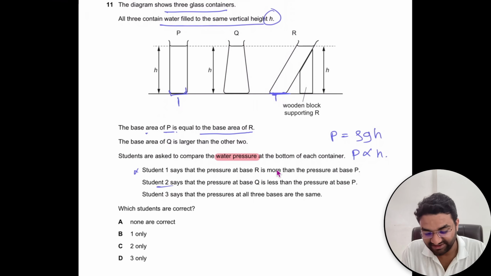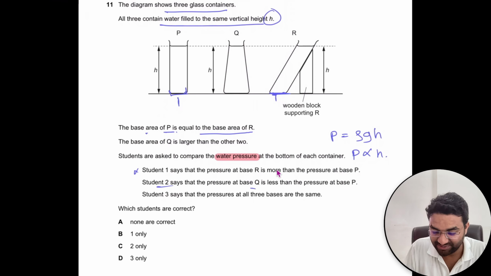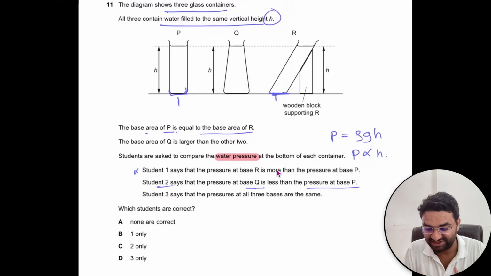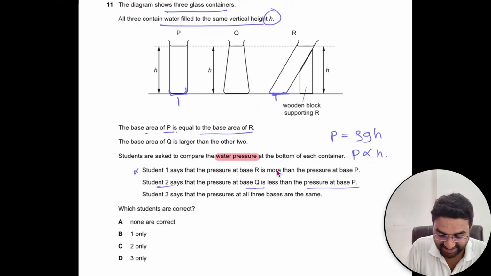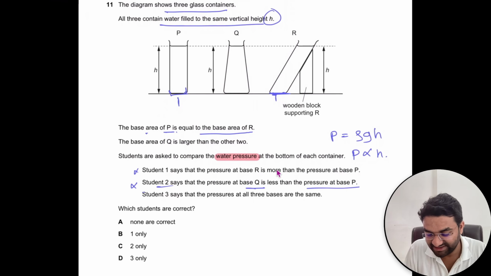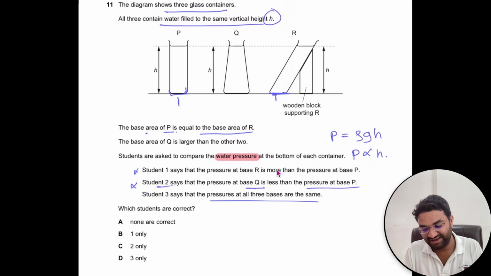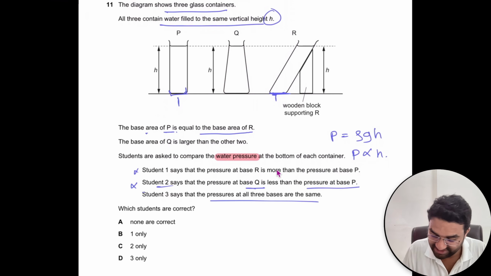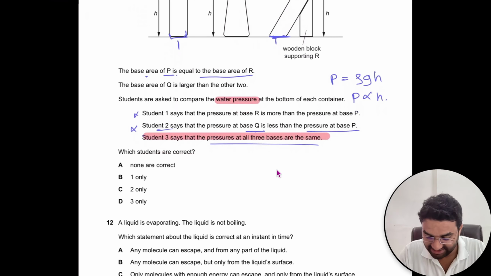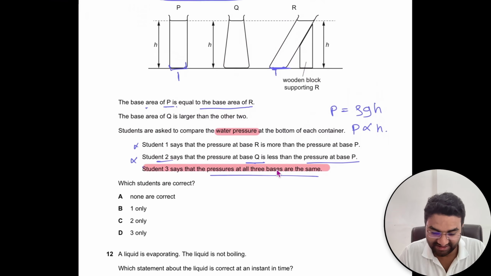No. The second student says that the pressure at base Q is less than the pressure at base P. All right. No. Again, doesn't make sense here. And student 3 says that the pressure at all three bases is the same. So this does make sense, right? And the answer is actually D.